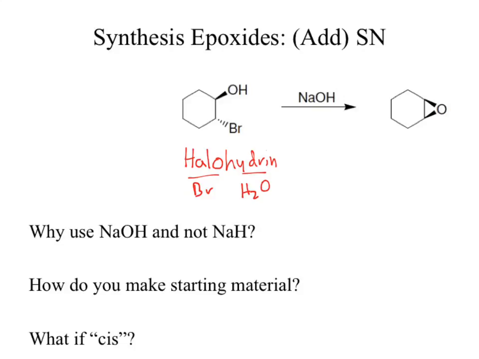How did we make the halohydrin compound? We needed an alkene as a starting material. There's our alkene. What did we have to react with to get our alkene to generate our product? We need a source of bromine and we need a source of our oxygen. Both of those typically come in as what charge? Negative. Is that going to be a problem?